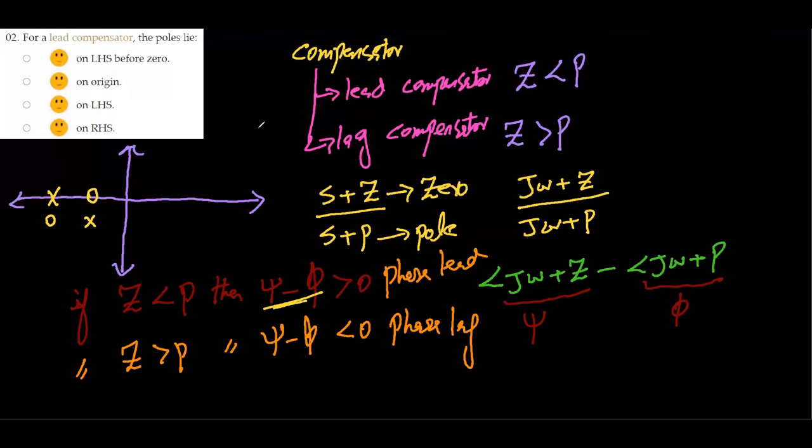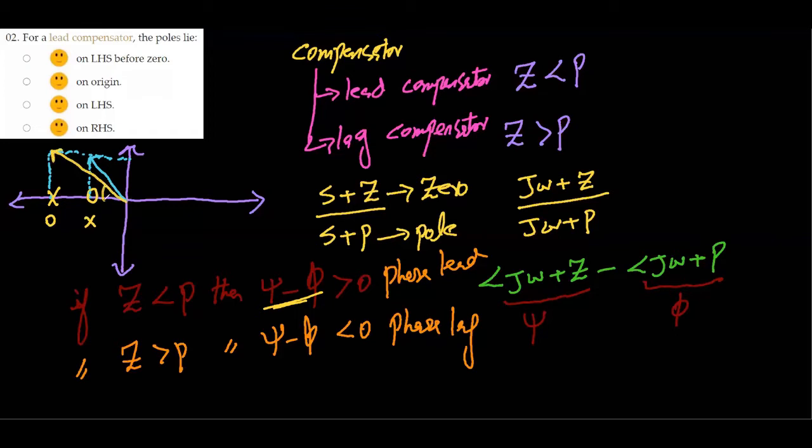So actually, if you draw the curve, for zero your graph will be like this. For pole, it will be like this.